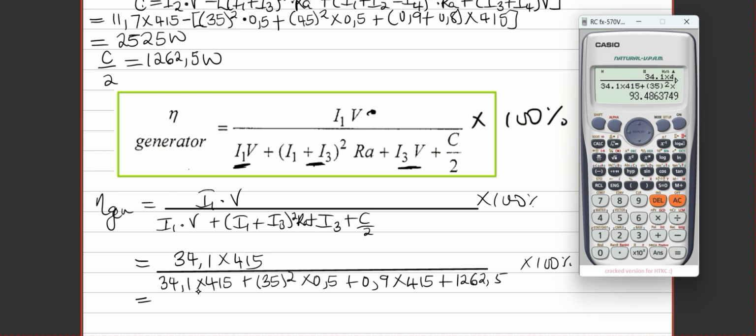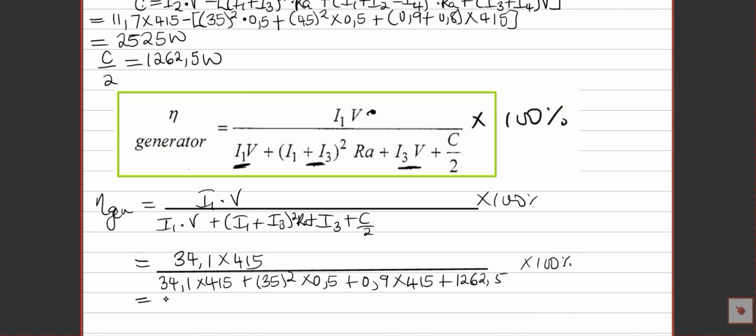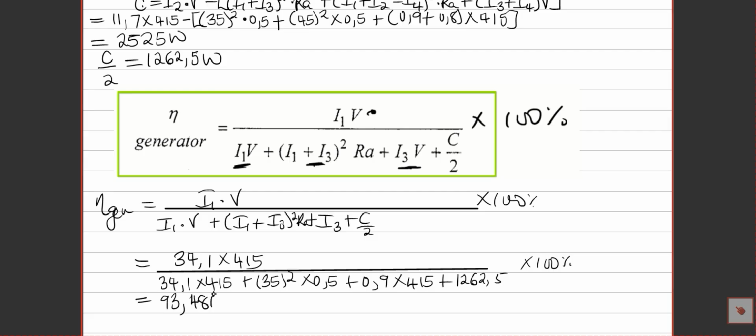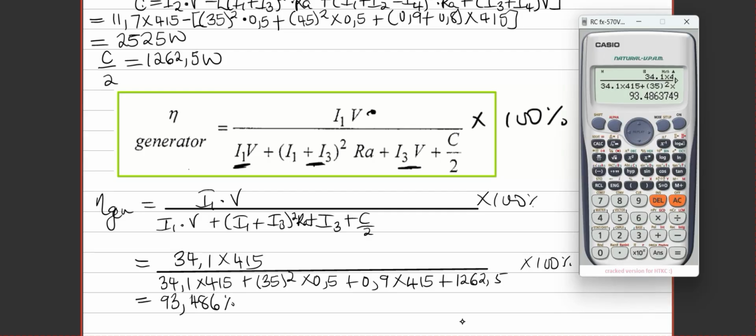We have 93,486. I hope we didn't make any mistake. 93,486%. Let's just check if we didn't make any mistake.